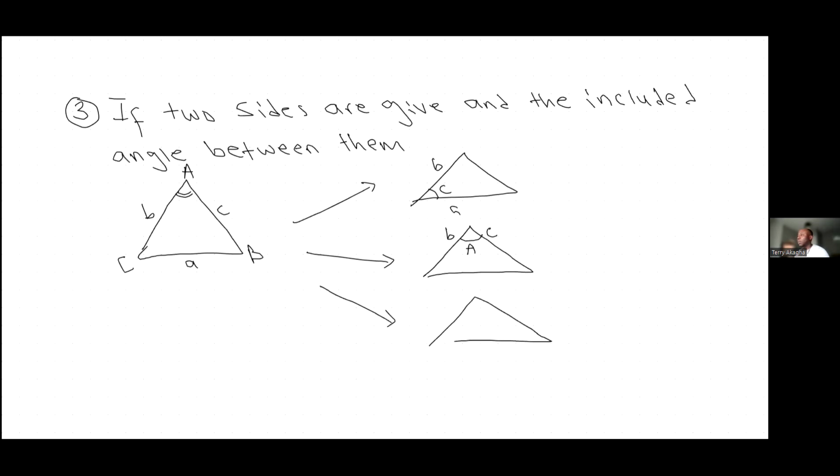You have angle B, and you have the sides between them, C and A. So no matter how it looks, provided you have two sides and the included angle, you can use this formula I'm about to tell you now.